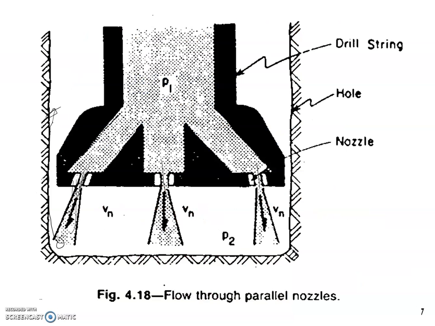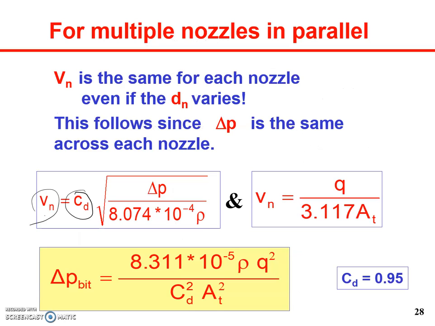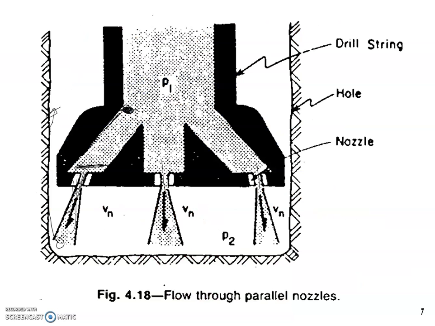For example, if you look here, there is a small difference in the height of the fluid, starting from the top of the nozzle to the bottom of the nozzle, and also there is the pressure drop by friction that is happening inside the nozzle.